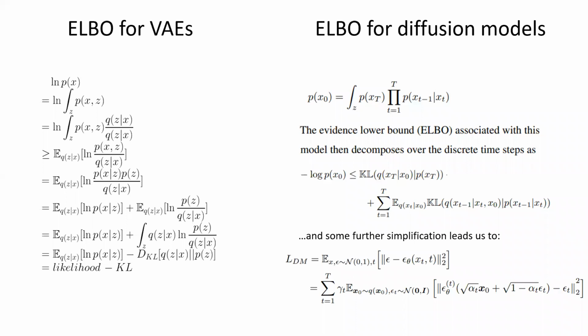And then some further simplification of this leads us to our objective, which is the expectation over x sampled from our data set, noise epsilon sampled from a standard normal distribution, and t different time steps to give us a denoising objective. So let's look at this last line here. Take a look at this last line and see if you can understand where the target comes from and where the learning happens.